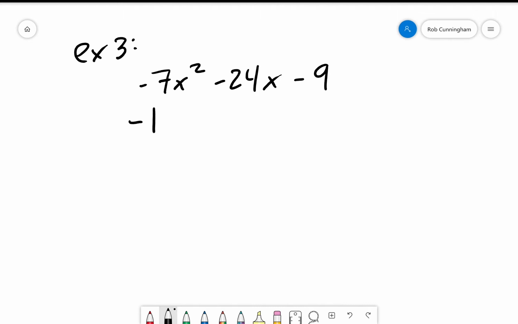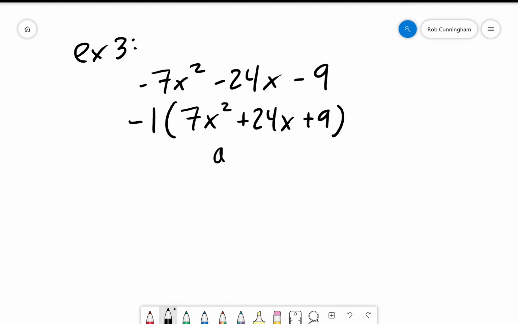So I'm going to call this -1 times 7x squared plus 24x, because again, -24x divided by -1 is positive 24x. -9 divided by -1 is positive 9. Lovely. Okay, so now we're going to deal with the trinomial in the parentheses.